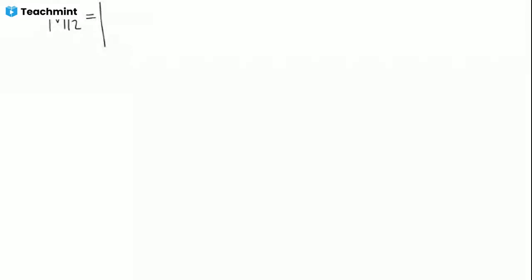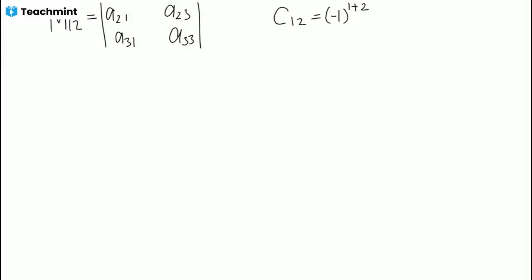So we have A21, A23, A31, and A33. And C12 is minus 1 to the power 1 plus 2, because we add them. If you have an even power, then you will get positive. If you have an odd power, then you will get a minus sign. And here just multiply by M12.